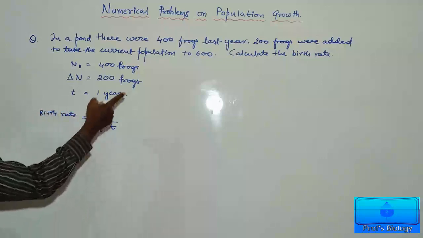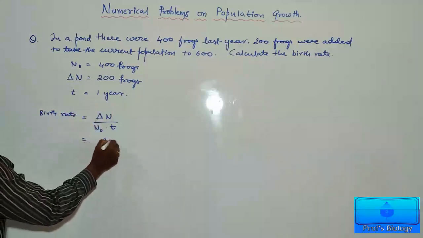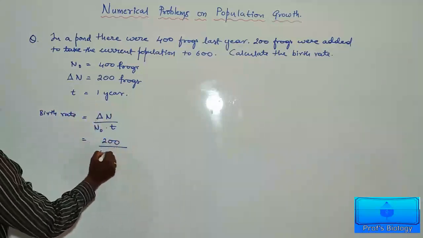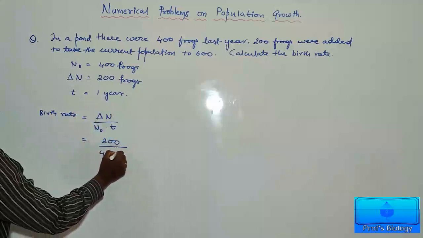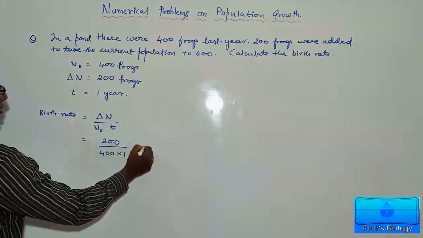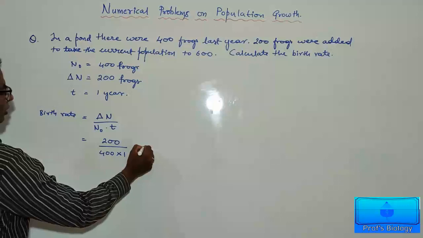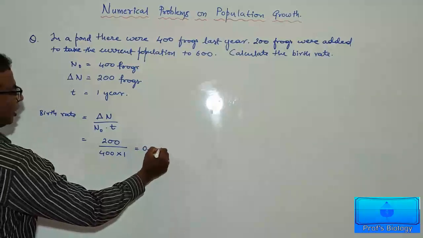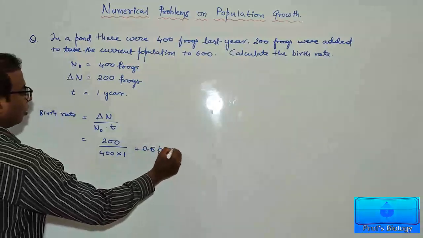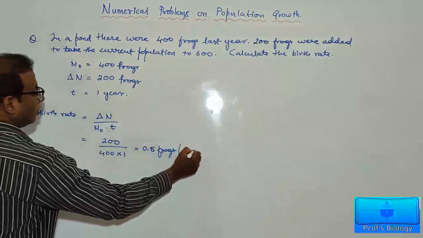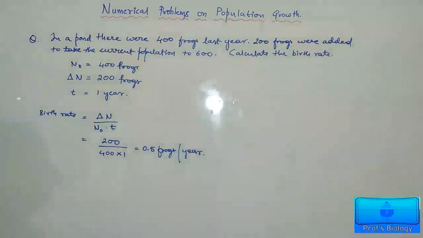So let us substitute all these values in the equation. 200 by 400 into 1, which would be 0.5 frogs per year.